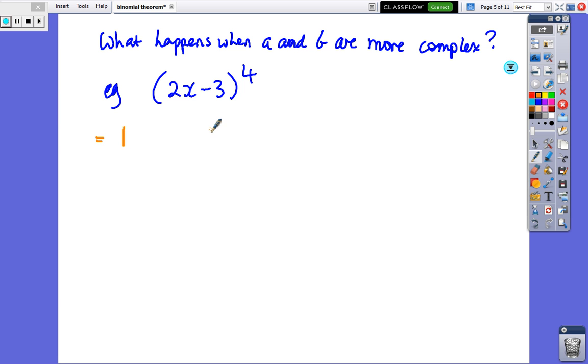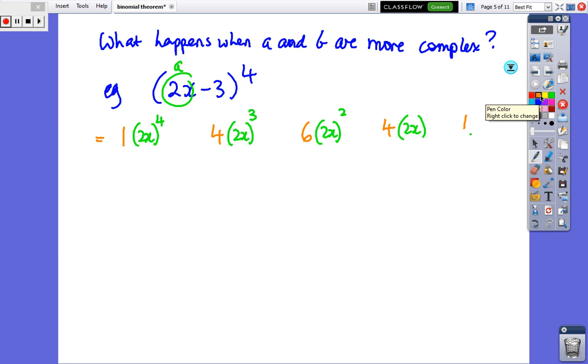1, 4, 6, 4, 1. This time, that's a, so we have 4 of them, 3 of them, 2 of them, 1 of them, none.